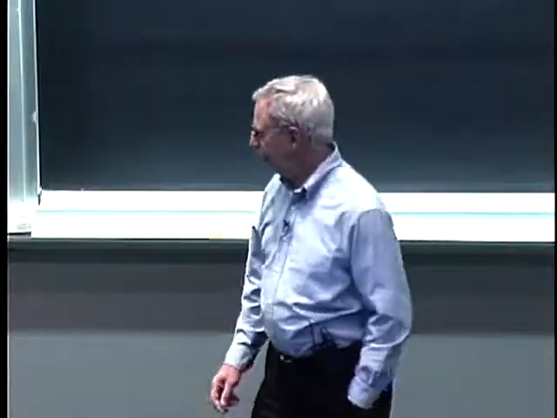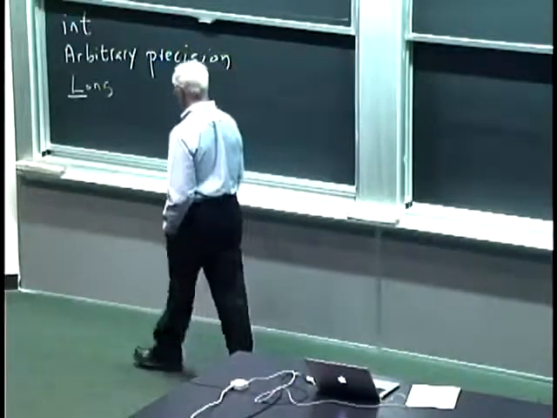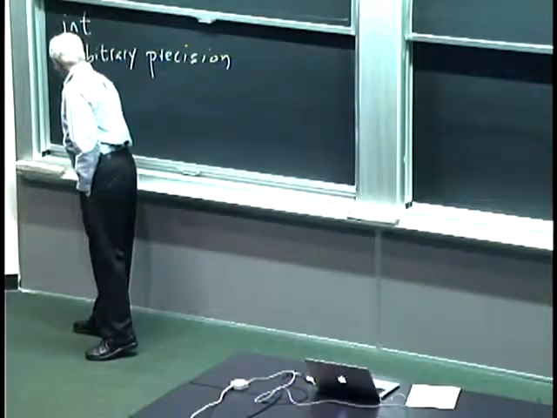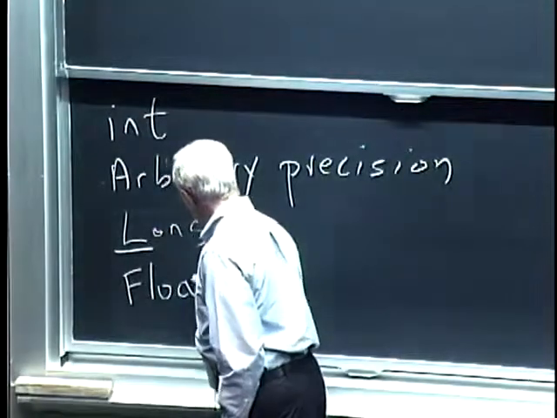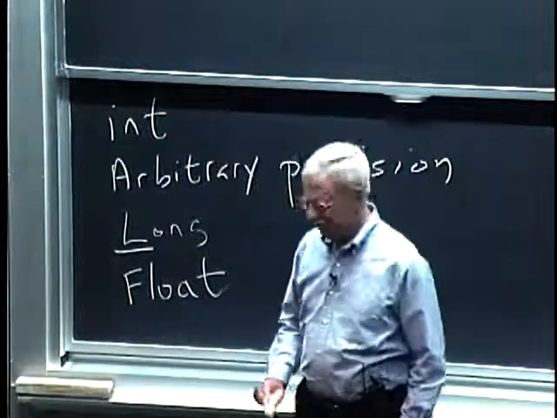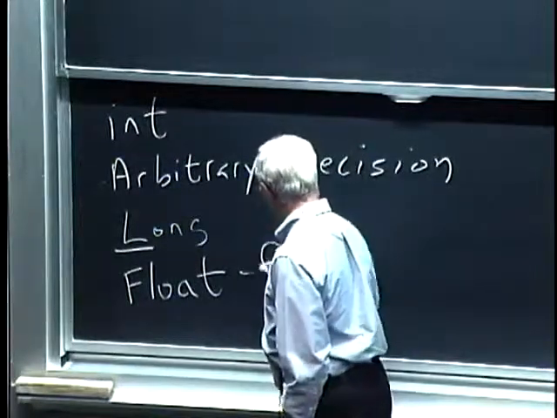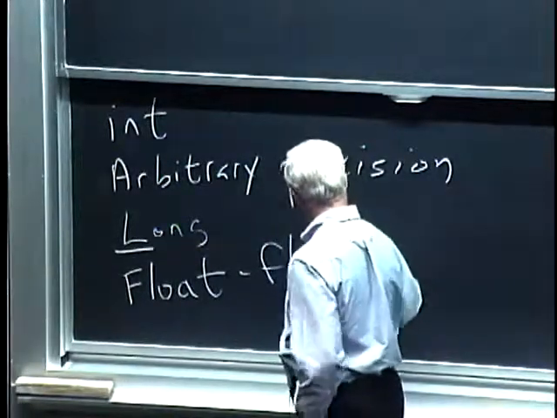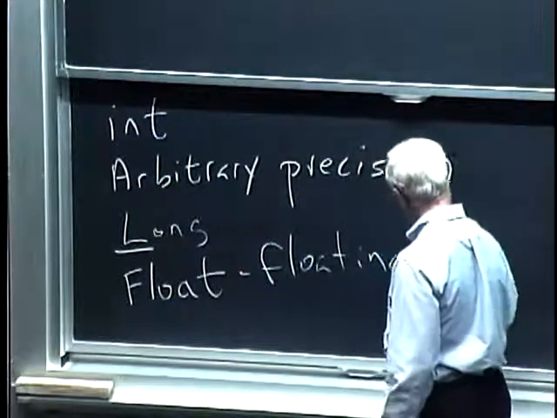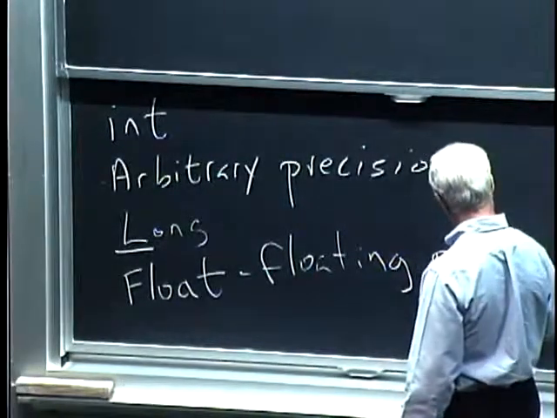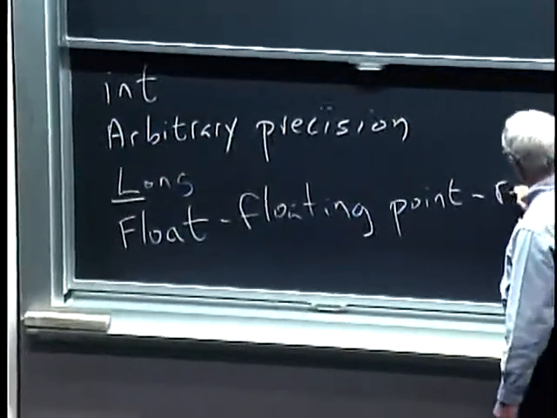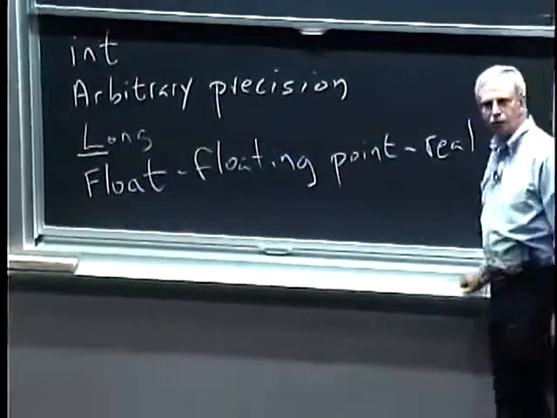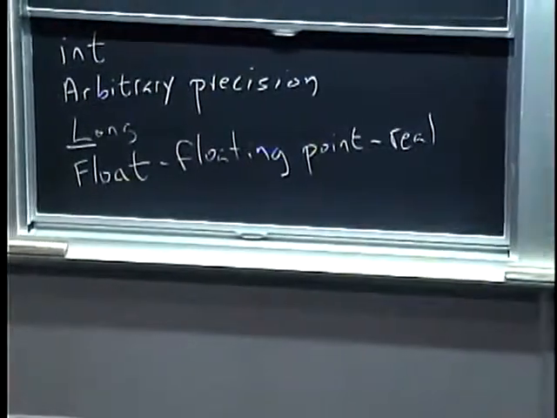So let's look at a different kind of number. And now we're going to look at what Python and almost every other programming language calls type float, which is short for floating point. And that's the way that programming languages typically represent what we think of as real numbers.